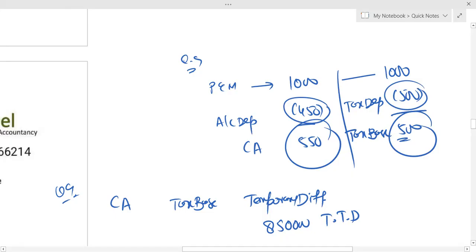You can see, I assumed plant and machinery's cost is 1,000 and accounting depreciation is 450. From the cost I deducted accounting depreciation, so I got a carrying amount of 550. Cost 1,000, tax depreciation 500, so the tax base is 500. You can see that the asset's carrying amount is more than the tax base. When the carrying amount is more than the tax base, the difference is the taxable temporary difference.